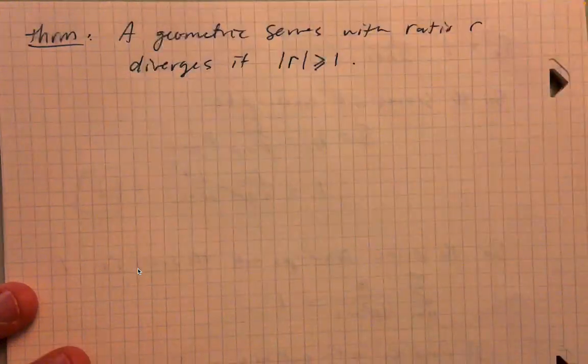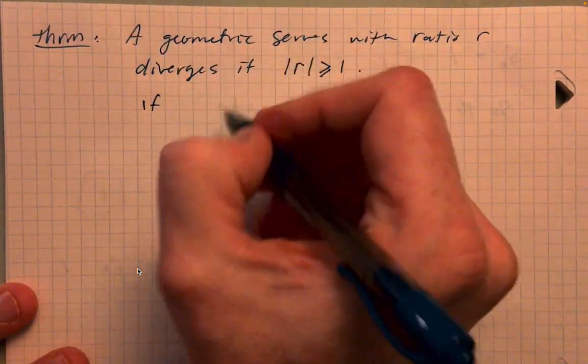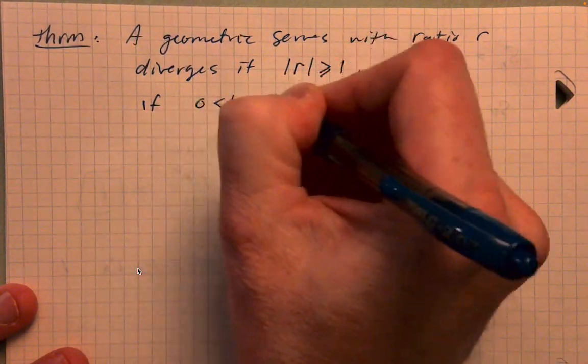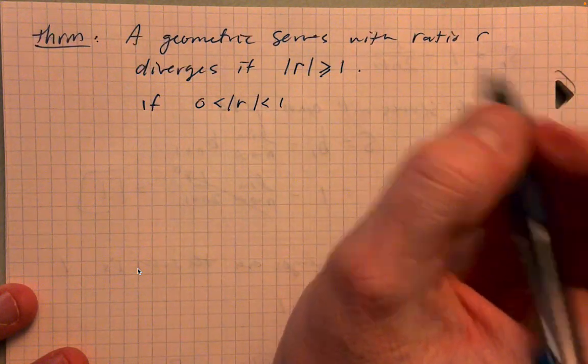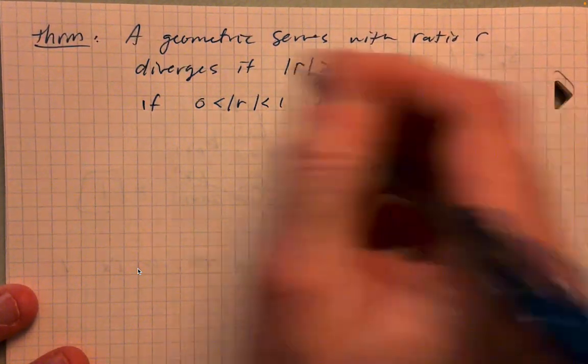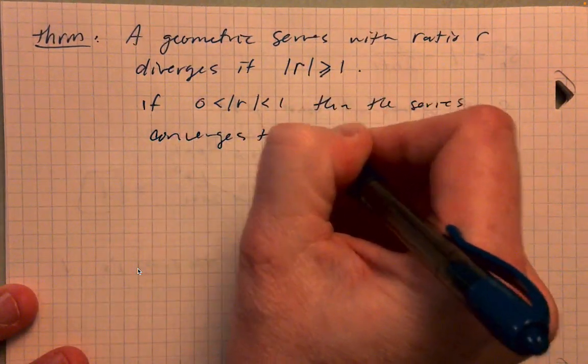Okay. If the ratio is between 0 and 1, if 0 is less than the absolute value of r, which is less than 1, then the series converges to the sum.